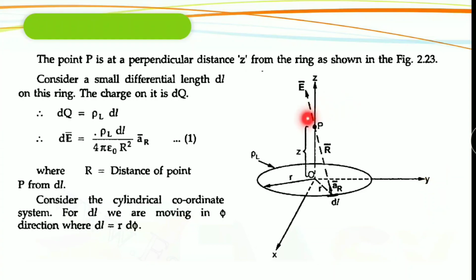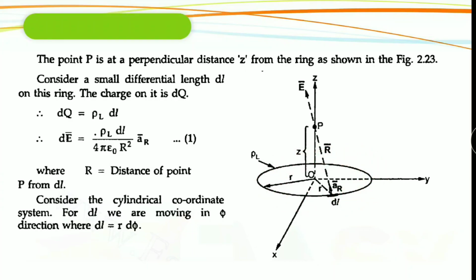Now we have to calculate the electric field at the point P, which is at a distance z from the origin, and this origin is also the center of the circular ring. We have to find the electric field intensity at the point P due to this circular ring.